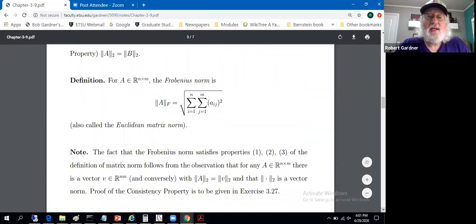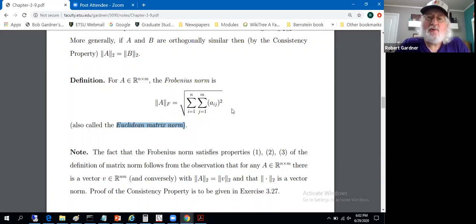Another norm, the Frobenius norm, is defined as follows. Exotic name. I think that's the common name. I have seen that in other sources. It's also called the Euclidean matrix norm. That brings a smile to my face because they're treating it just the way we would treat vectors in a regular Rn vector space. They're squaring things and taking a square root. The Frobenius norm of matrix A, norm of A with a little f as a subscript, is defined to be the square root of sum over i, sum over j, a sub ij squared.